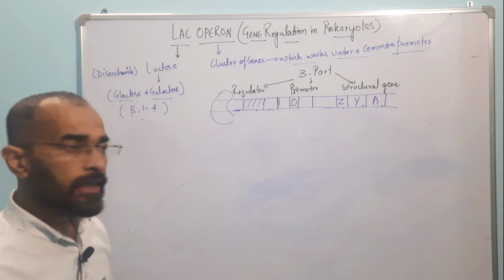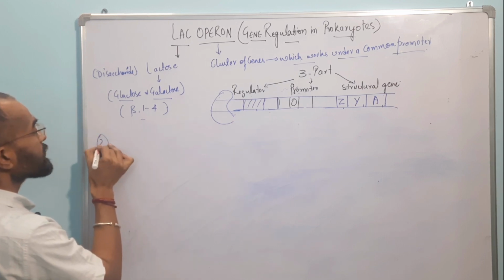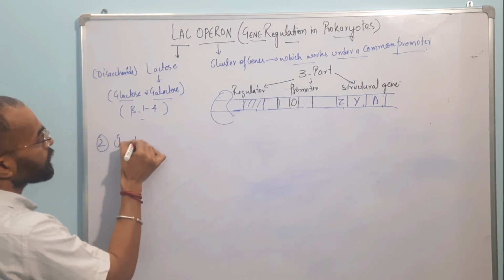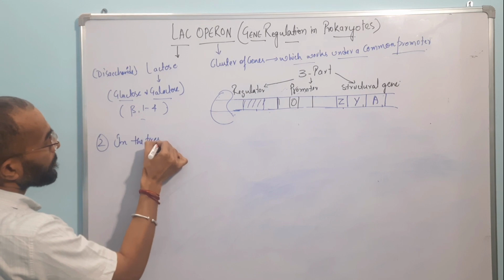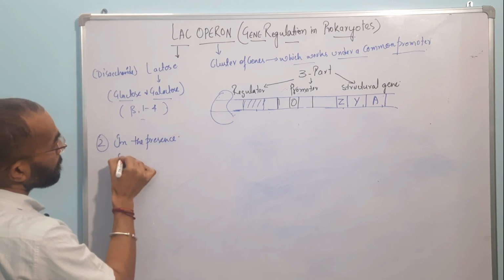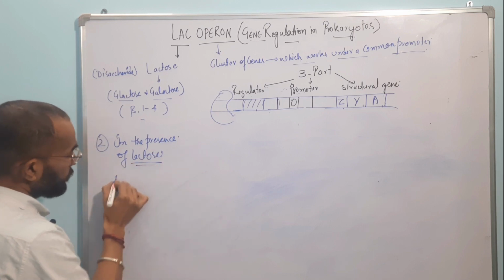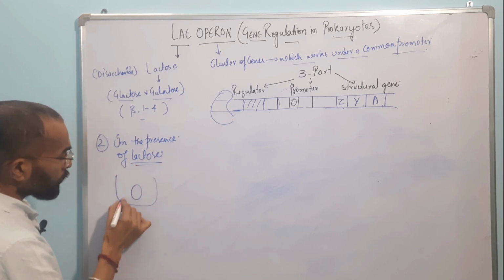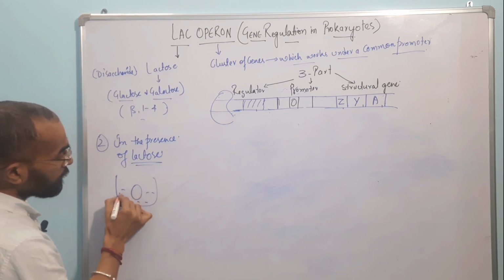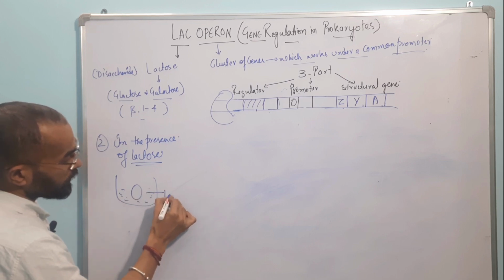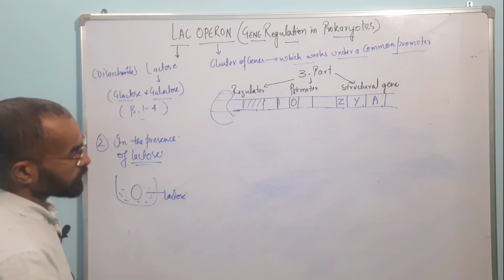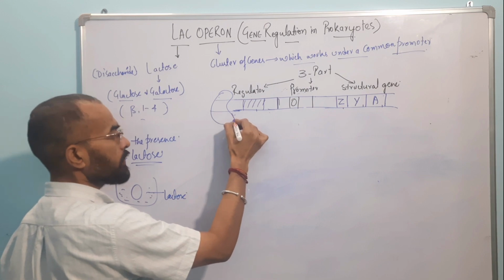Now the second case is in the presence of lactose. So when we grow a prokaryotic cell in a medium with lactose, what happens then?